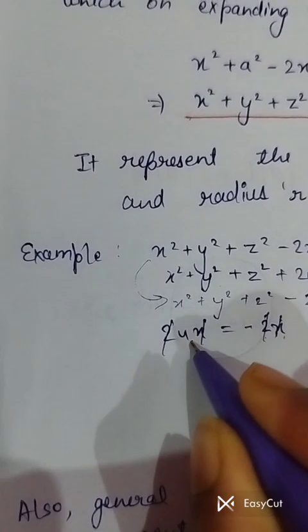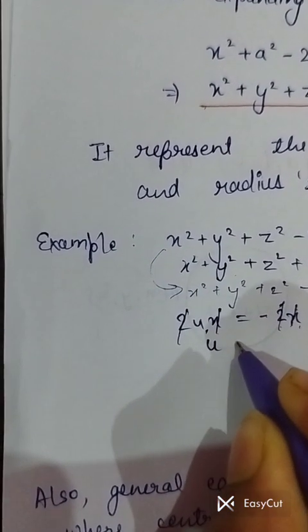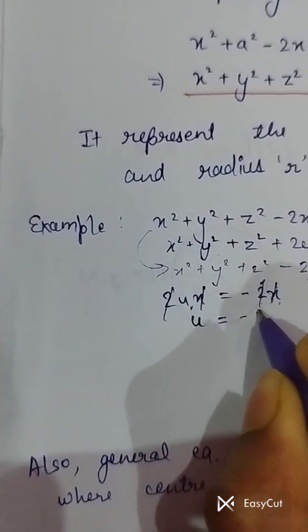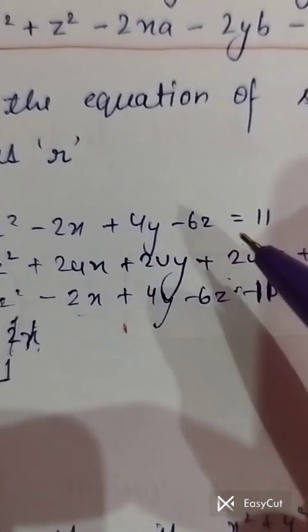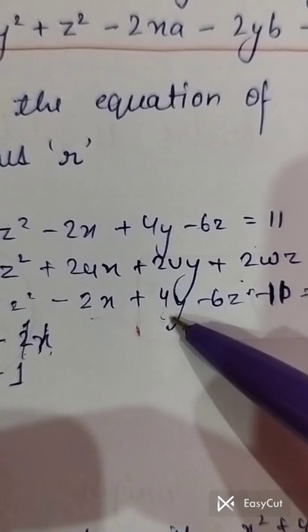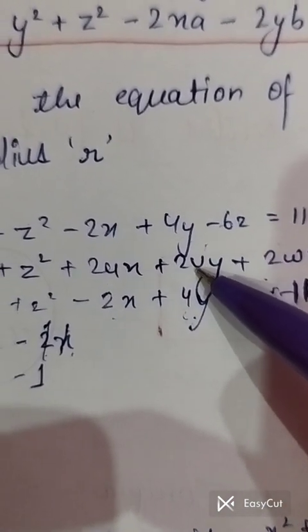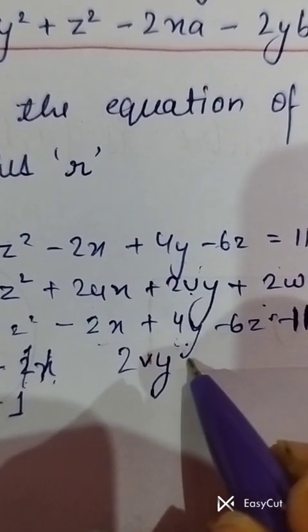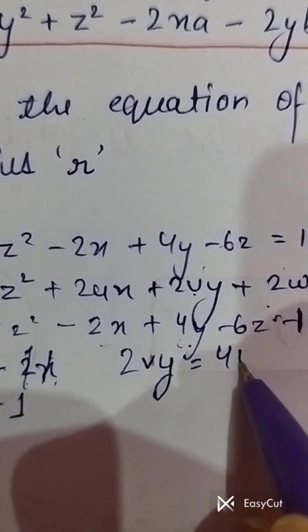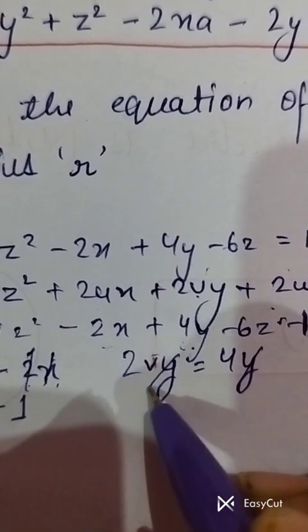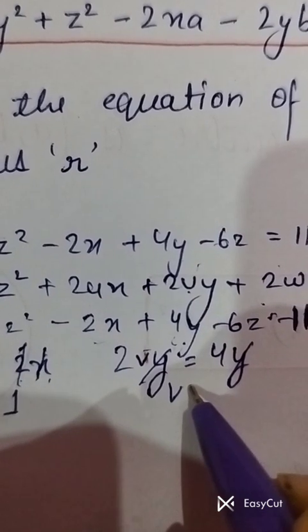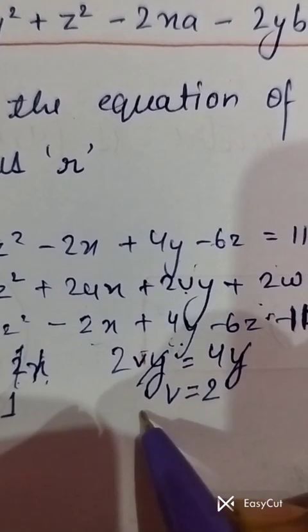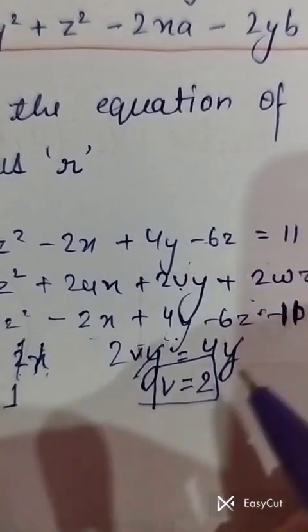So from this we came to know that u is equal to minus 1. So the value of u is minus 1. Now by comparing these two terms, we will get the value of v. So 2vy is equal to 4y. So basically v is equal to 2. So the value of v is 2.